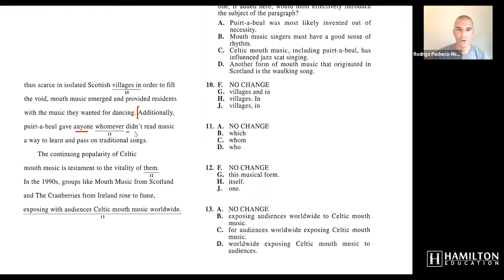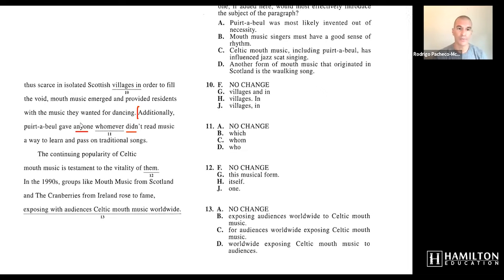And what we should also see is that the pronoun is going to be followed by a verb. This is going to be very useful for thinking about the pronoun case. That is, are we replacing the subject or are we replacing the object? That is the difference between who and whom.